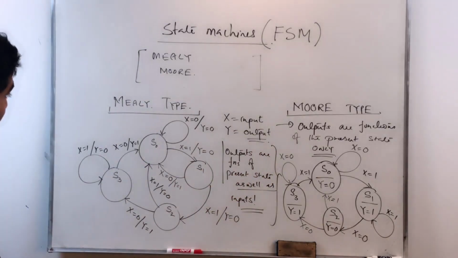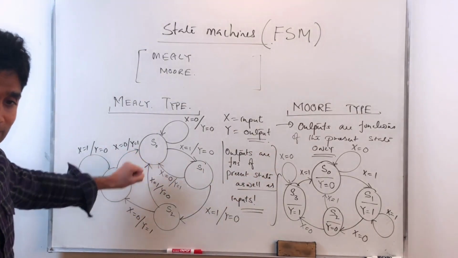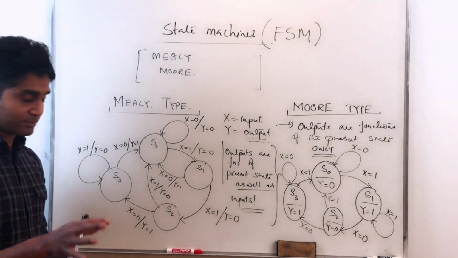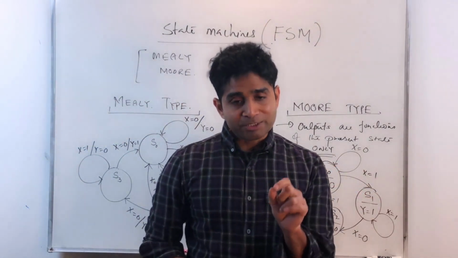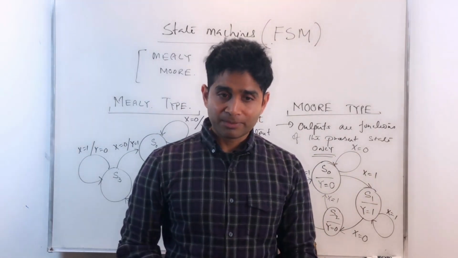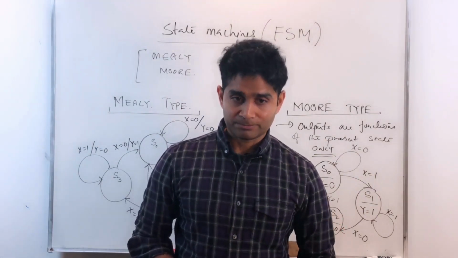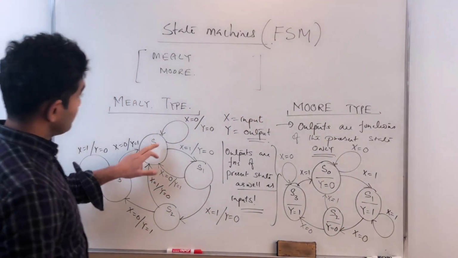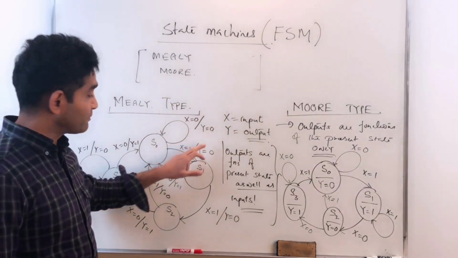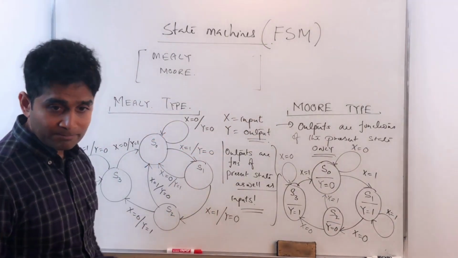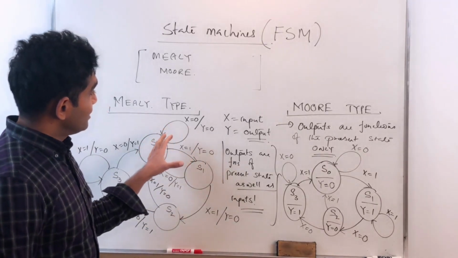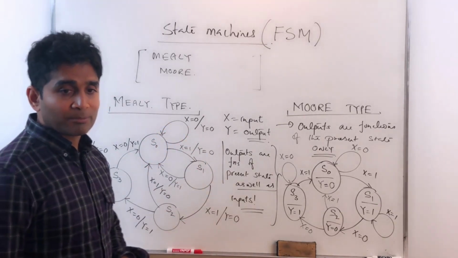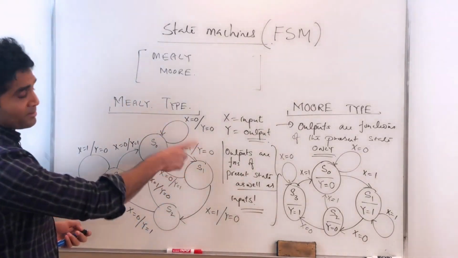synchronized with the clock. In this case, on the other hand, for the Mealy type, that's not the case. If my input changes during a clock cycle, my output also can change. My outputs need not be synchronized with the clock if my inputs are not. So it's not compulsory that my outputs for a Mealy type are synchronized with the clock.